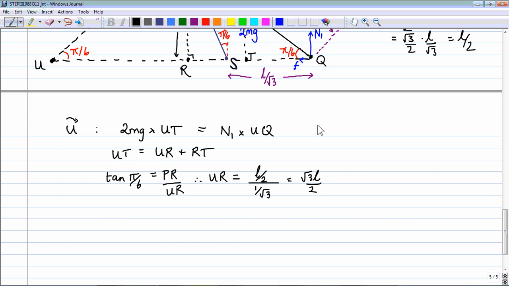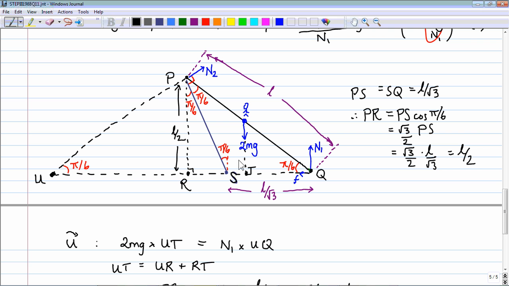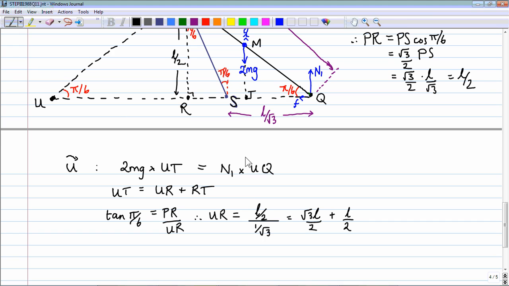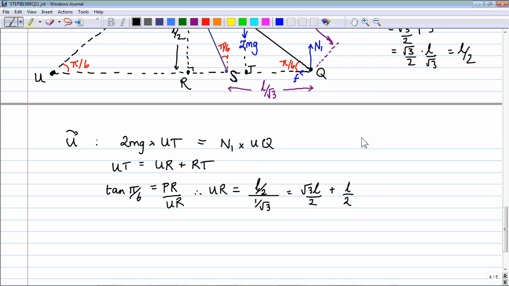So that's L over 2, which is the length from P to the midpoint. I should call the midpoint M, sorry. So the length PM sine pi over 3 will give me the distance RT. So that's L over 2 sine pi over 3. So here I'm getting L times root 3 over 2. Sorry, what am I?